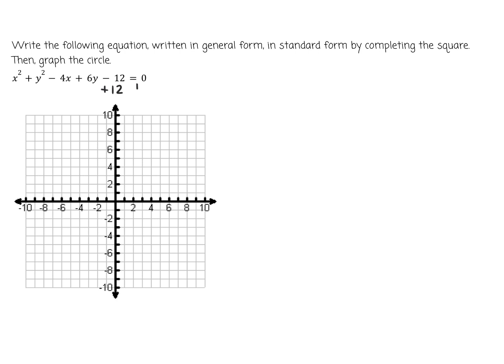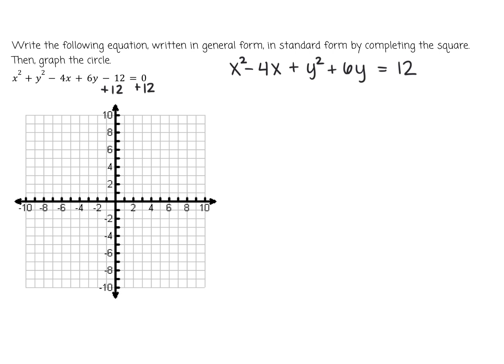So my very first step is to add 12 to move 12 to the other side. I'm also going to start reordering because I want my x's together and my y's together. So I'm going to have x squared minus 4x plus y squared plus 6y equals 12.